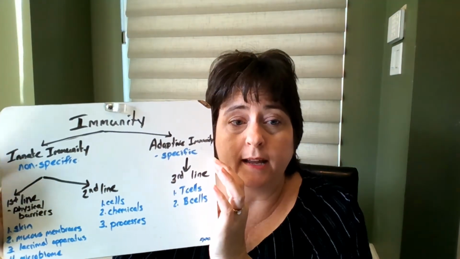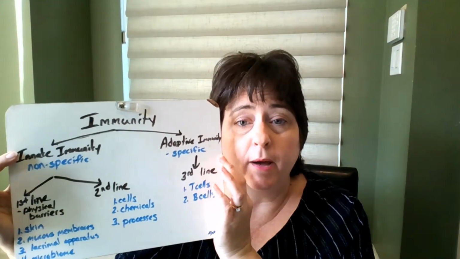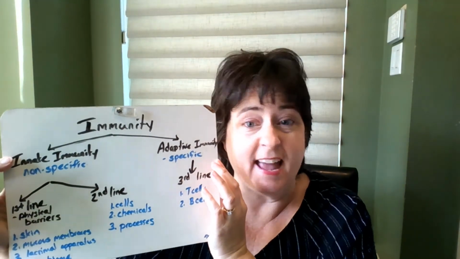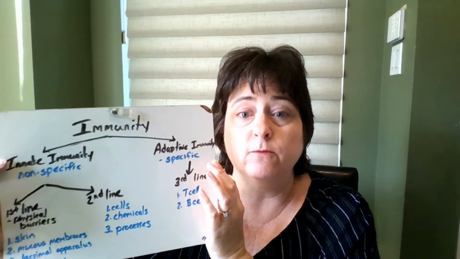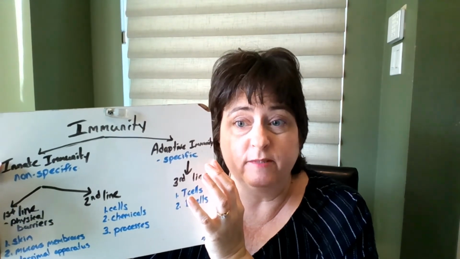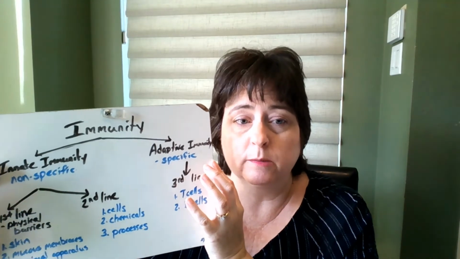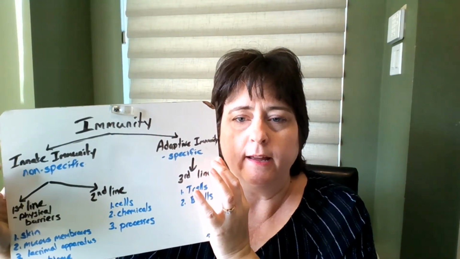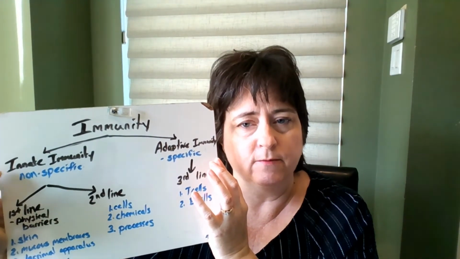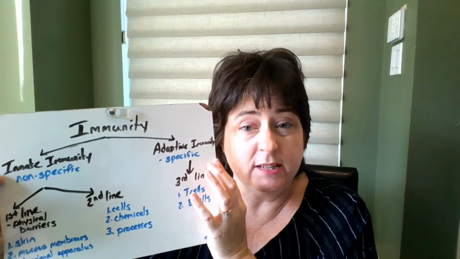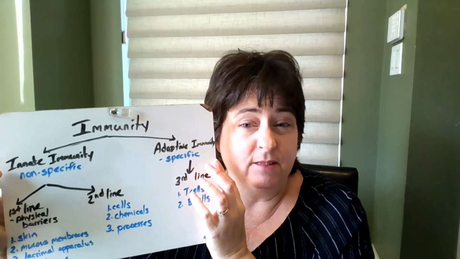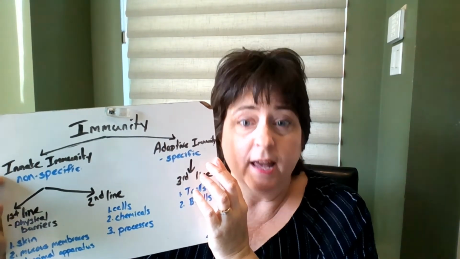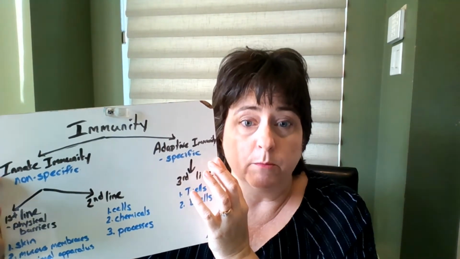When we're talking about innate immunity, we're talking about our body's defenses against anything foreign, anything that the body determines is foreign and worthy of defense, worthy of an immune response. This falls under innate immunity and a non-specific response. We don't need to know it. We don't need to identify it. We don't need to have seen it before. Our body just defends against it because it's foreign and it's worthy of an immune response.